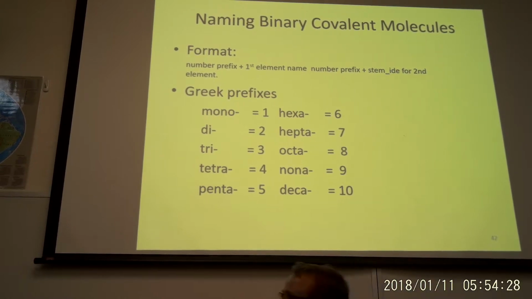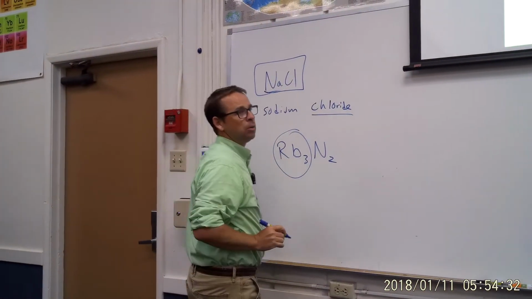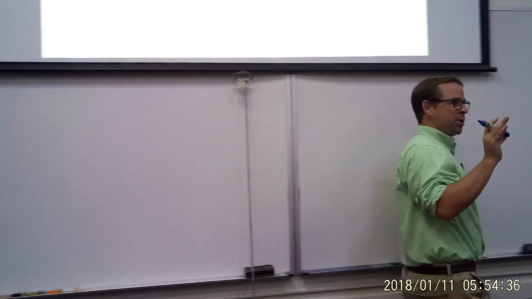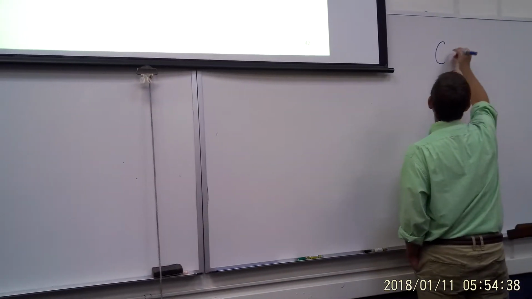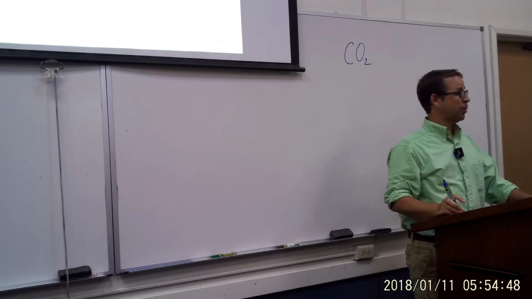Just like you know sodium chloride is a good model for naming what kinds of compounds? Ionic compounds. The model that you have for naming molecular compounds is this one. You guys know what that one's called? Carbon dioxide. Carbon dioxide. All right?